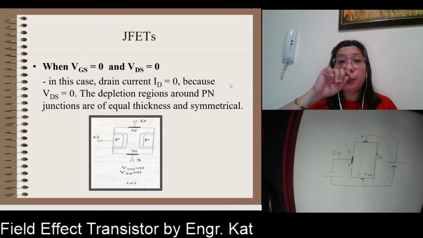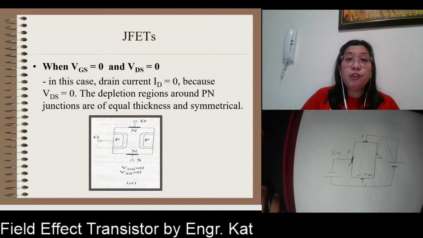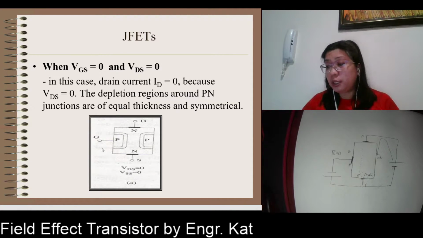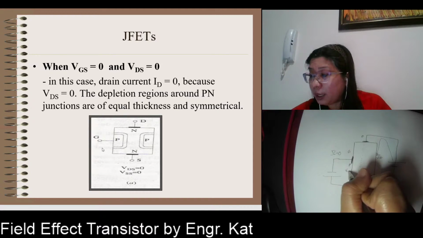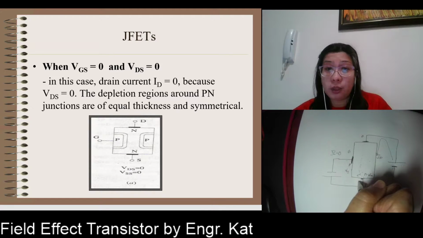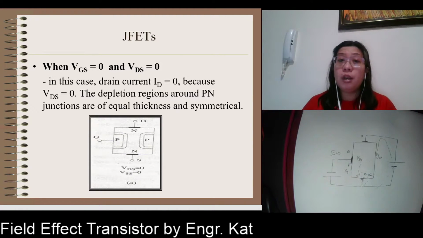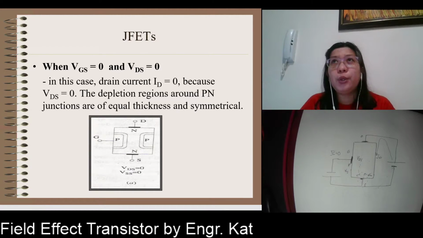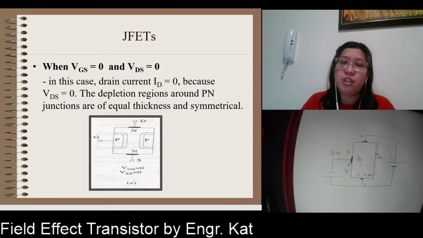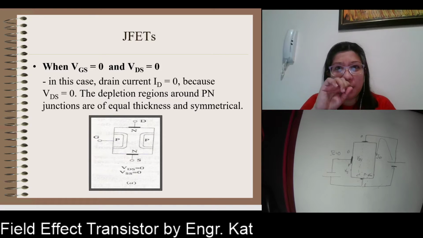So, we have different conditions here. When VGS is equal to 0, so this is your VGS, the voltage between the gate and the source is equal to 0. And VDS, this is the voltage between your drain and your source. When they are both equal to 0, in this case, your drain current is equal to 0. Okay, so it is just like placing your JFET on top of a table, and then you have no sources connected to it. So, of course, we do not expect it to function.